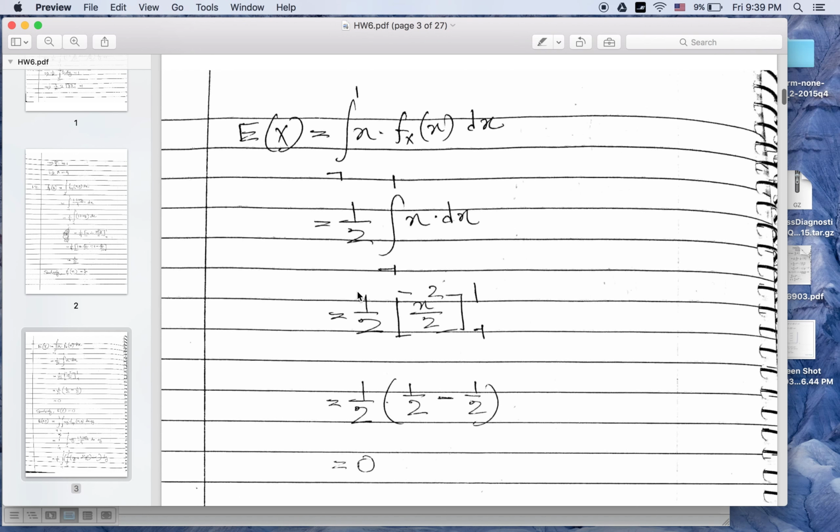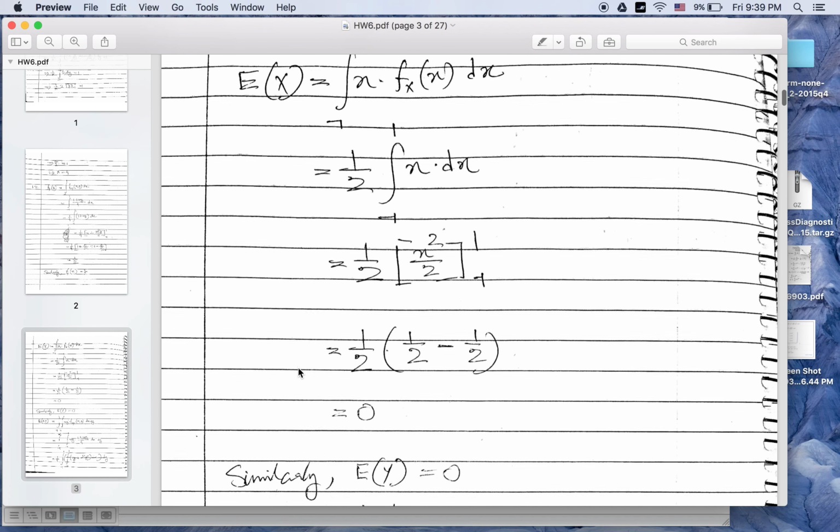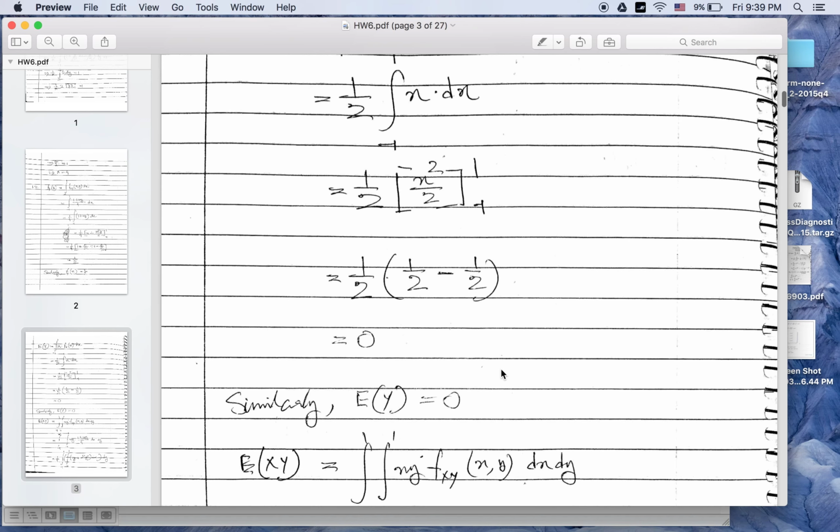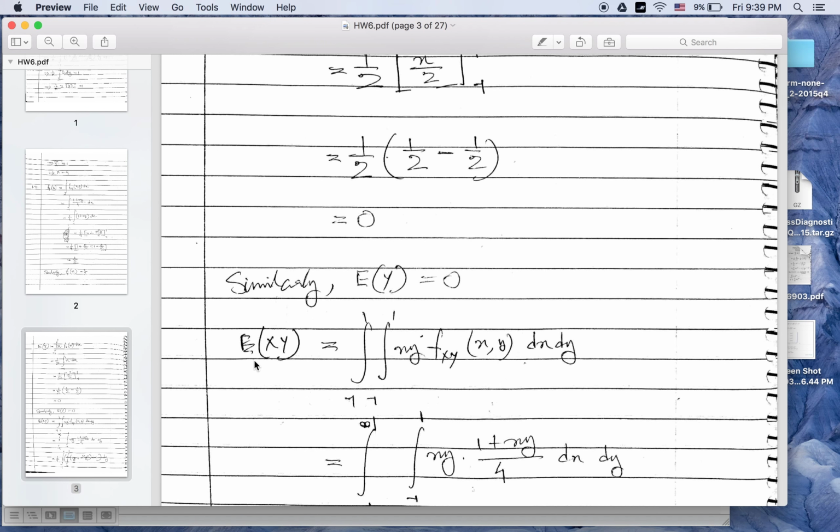Now if we take the expectation of x, as x into f of x, it's an odd function, so the expectation of x comes out to be 0, and similarly the expectation of y also comes out to be 0. Now we calculate the expectation of xy.